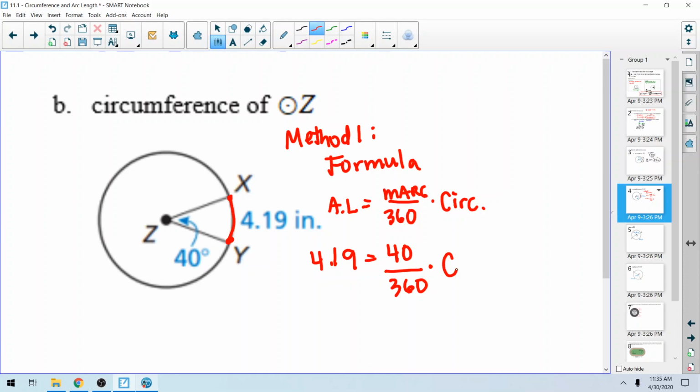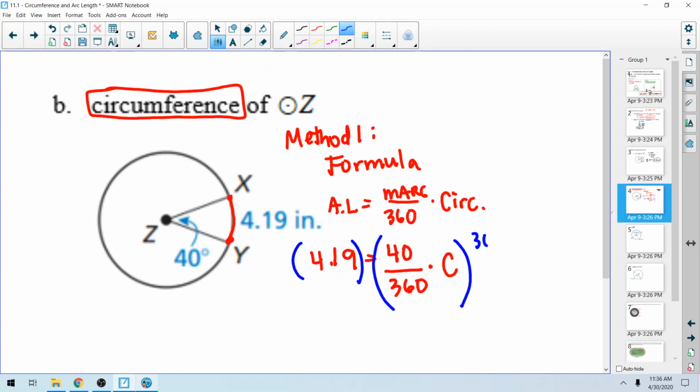Well, the good news here is we're trying to find the circumference, so we just need to solve for c. If you want to get c by itself, I have to get rid of 40 divided by 360, so I'm going to multiply both sides by the reciprocal, meaning I'm going to multiply both sides by 360 divided by 40.